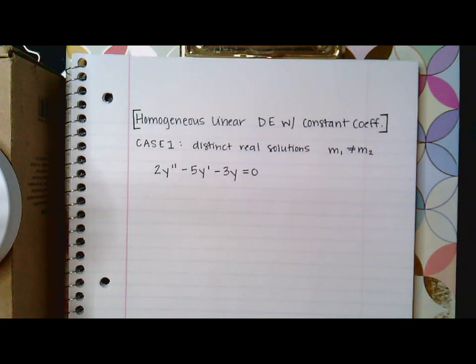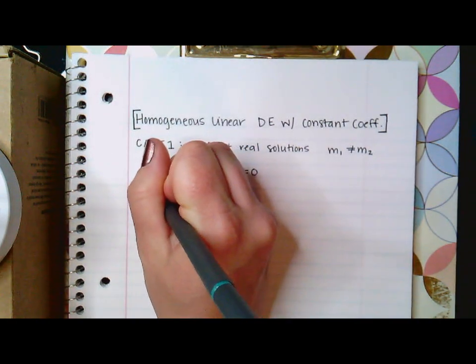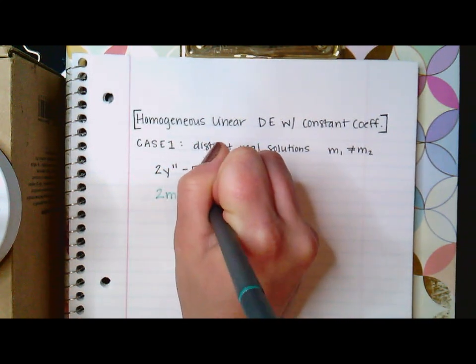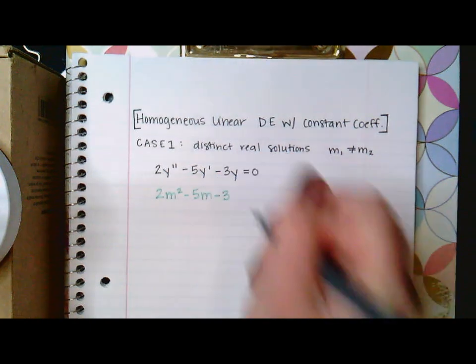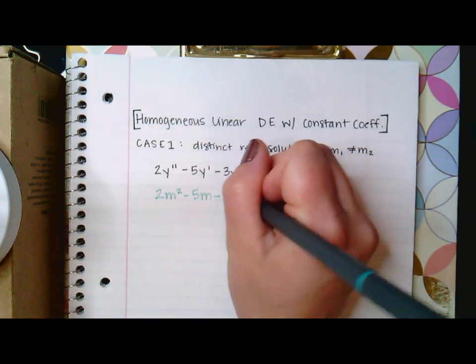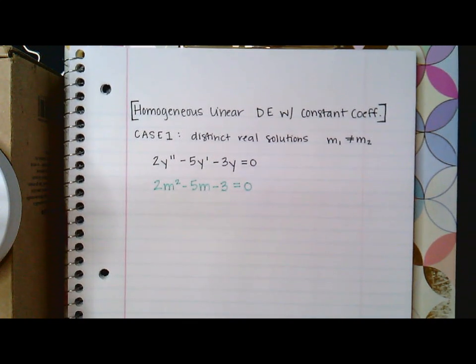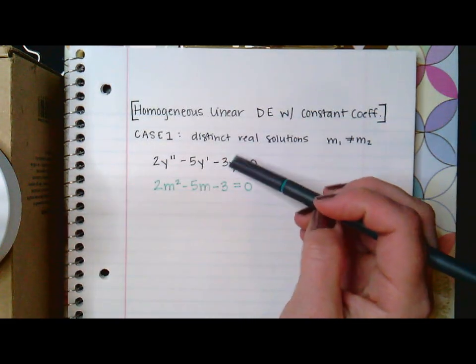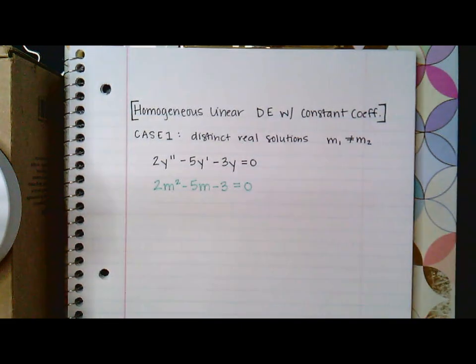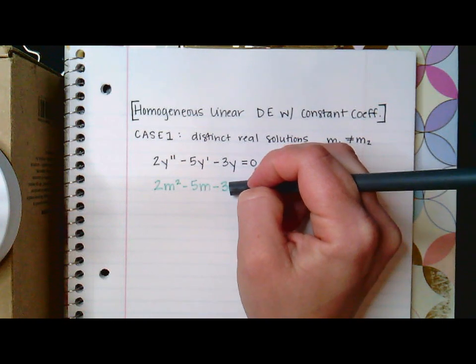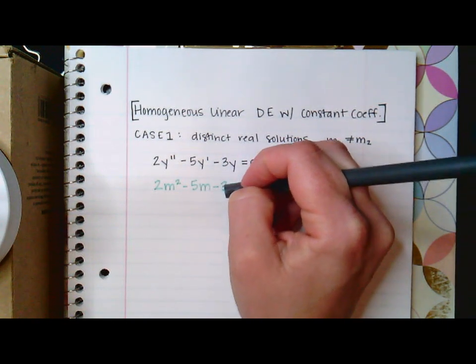All right, the auxiliary equation that I can then set up is 2m squared minus 5m minus 3 equals 0. Now, a couple things that I do see students mess up on here is forgetting, or maybe even taking the y with this, because it feels like you're just replacing the squares and then the 1, and then for some reason the m ends up here, and then we end up doing silly things here.